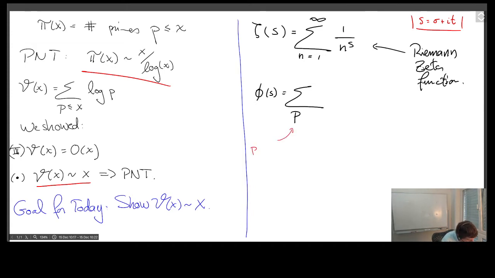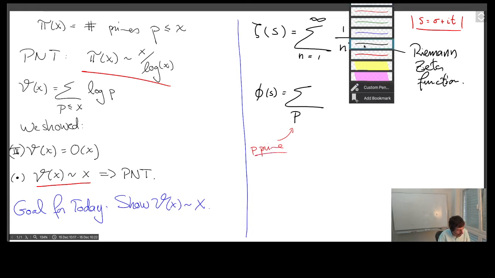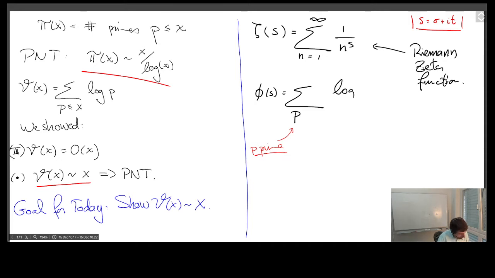And it's very easy to see that these functions are absolutely and locally uniformly convergent, converging uniformly in any compact subset.